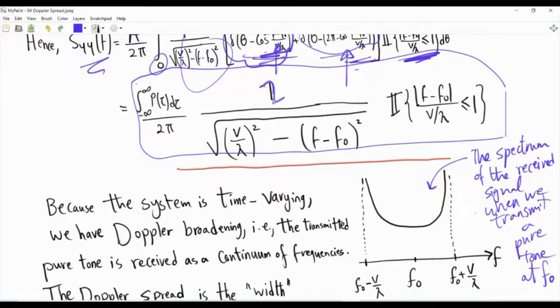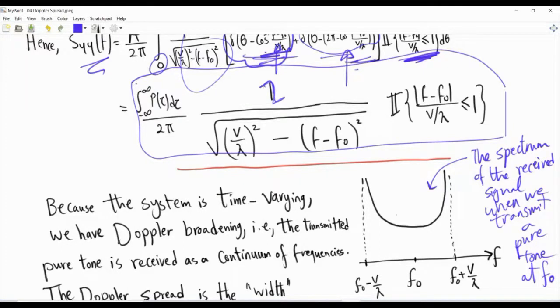Our system here is not LTI. If v is not equal to 0, then our system is linear and time varying. Time varying systems can cause something like this. You input to a system a sinusoidal signal with a frequency f0, but at the output of the system, you get spectral components, not just at f0, but in a range. And this range in our specific problem is from f0 minus v over lambda to f0 plus v over lambda.